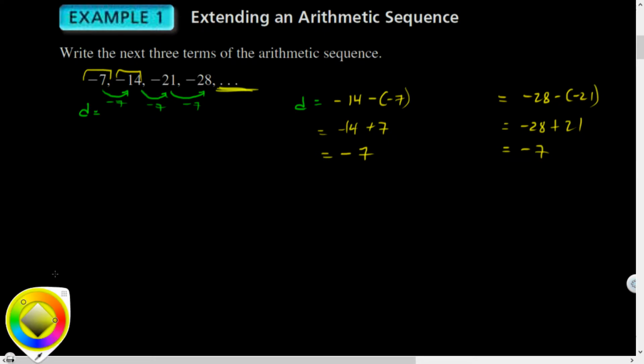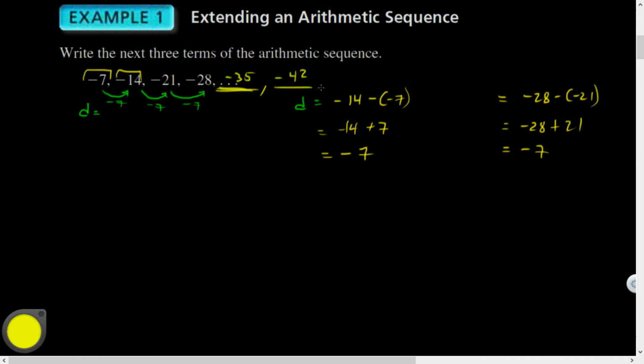What's that going to be? Negative 35 would be next. What would be after negative 35? Negative 42. How'd we get that? Subtracted 7 again. And then what would be next? Negative 49. We just subtract 7 again.